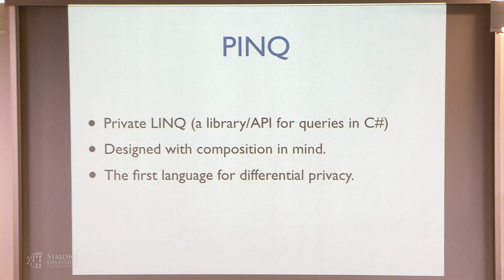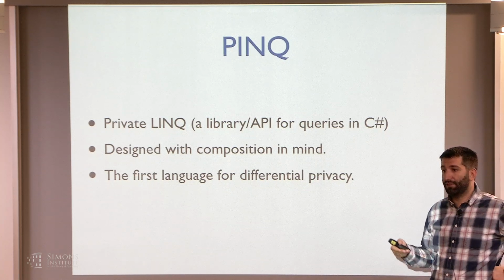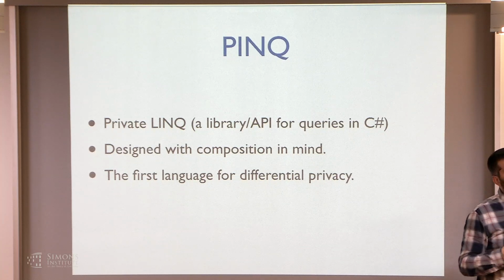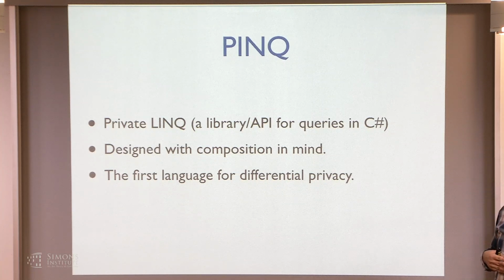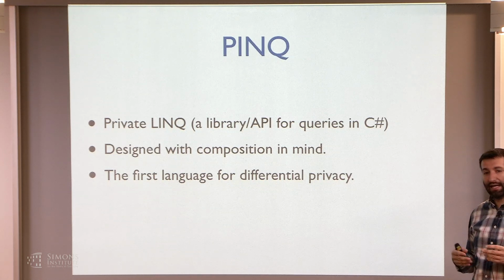Actually, it's built on top of an API that people have designed before for data analysis, which is LINQ. Or maybe more than data analysis, I would say queries in the setting of SQL-like queries.